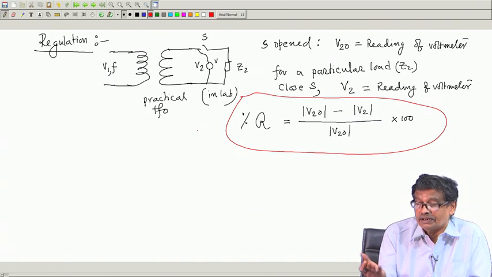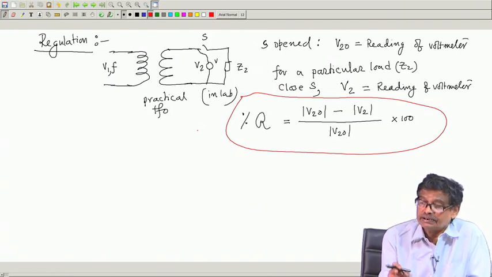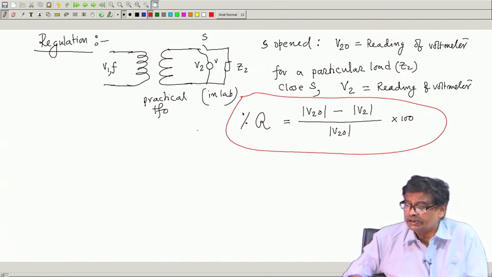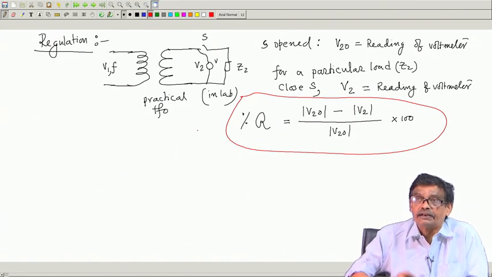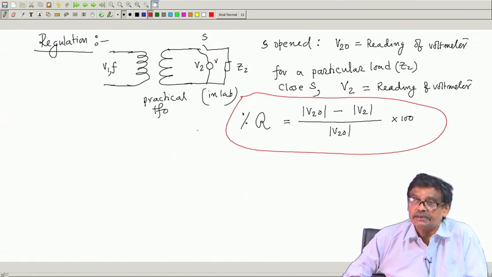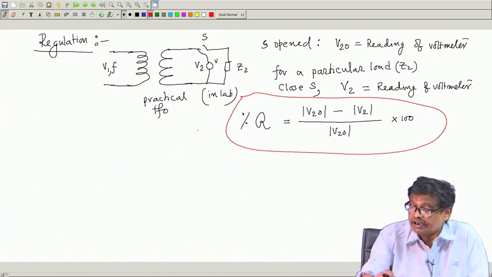Imagine at least you can do this: apply rated voltage, rated frequency. Generally regulation is to be calculated with the rated current, it is handling rated kVA, and load should be very clearly specified.